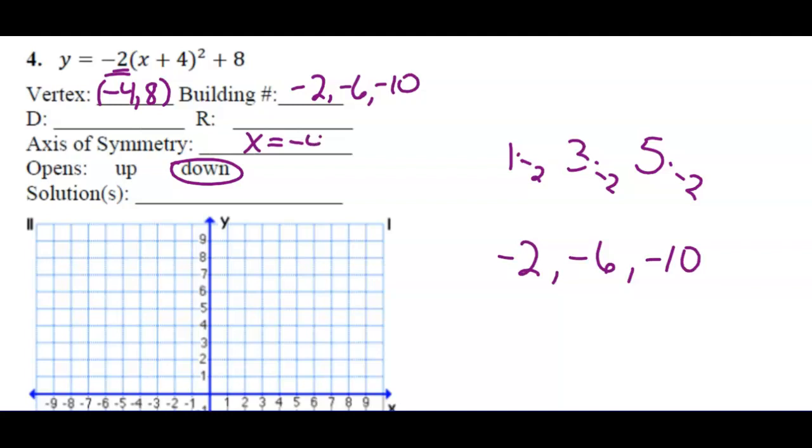That comes right from your vertex. You don't even have to think about it. The domain is always all real numbers. My y value is going to be less than, because it's moving down. And what's your y value in your vertex? 8. So that is 8. Both of these come from the vertex.